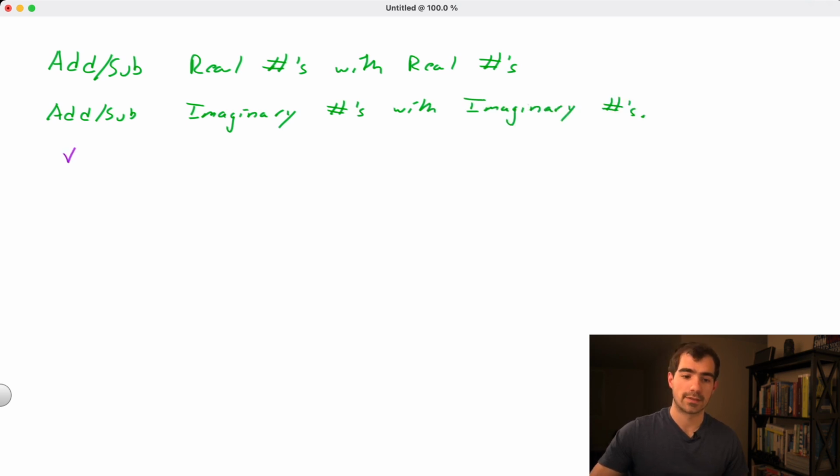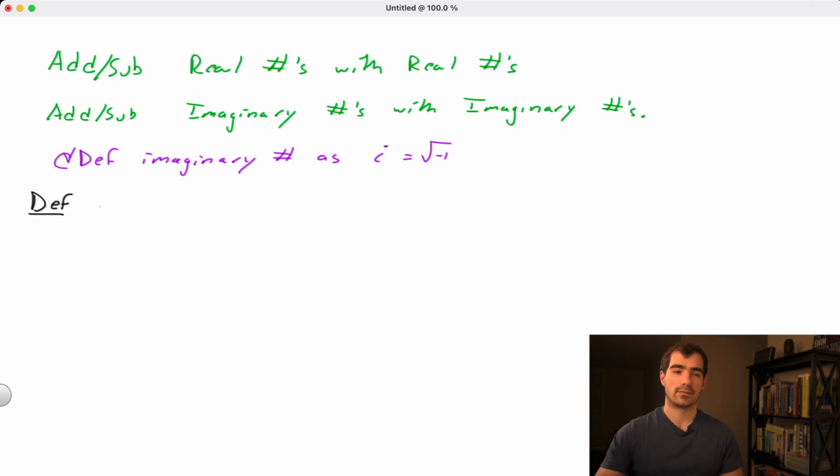Now, specifically in the last video, we defined an imaginary number as i, which was equal to the square root of -1. And the full set of complex numbers is almost the same, we just expand on it a bit.